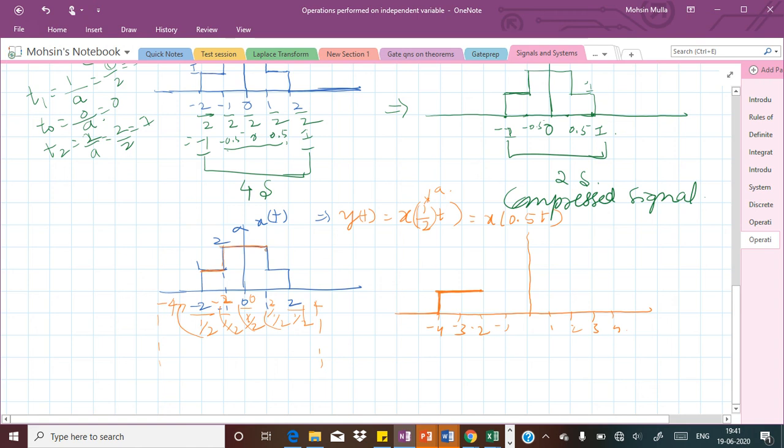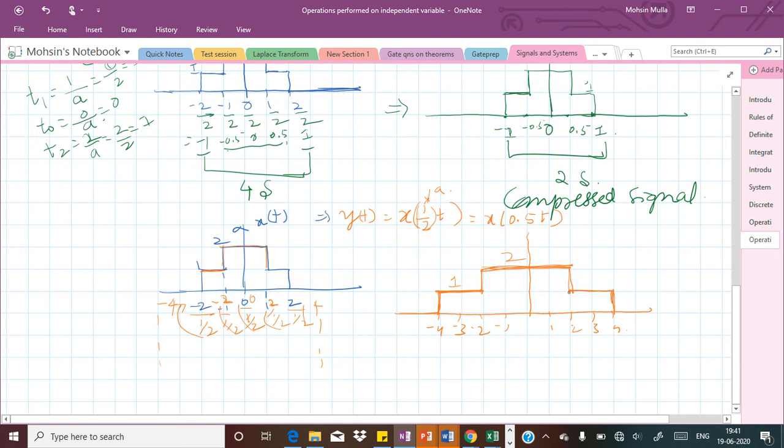It is 1. From minus 2 to plus 2, the signal magnitude is 2. And from plus 2 to plus 4, what is the magnitude of the signal? It is 1. So it is going to be 1 from plus 2 to plus 4.